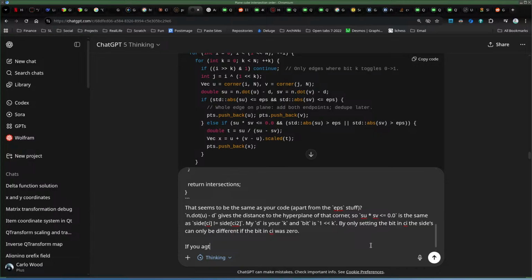So if you agree that this is the same, then I can just keep my code.